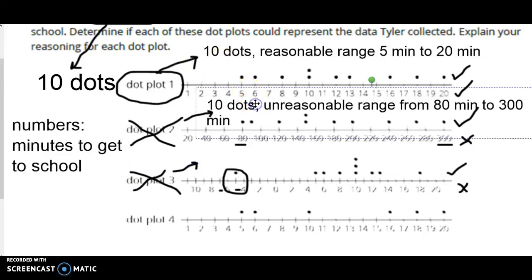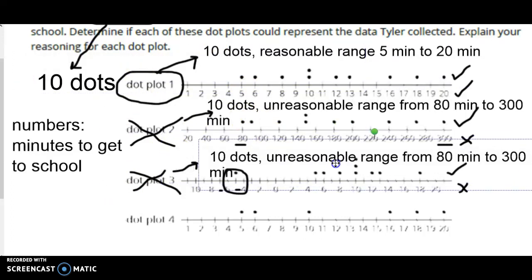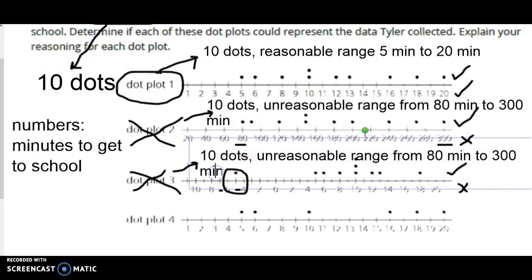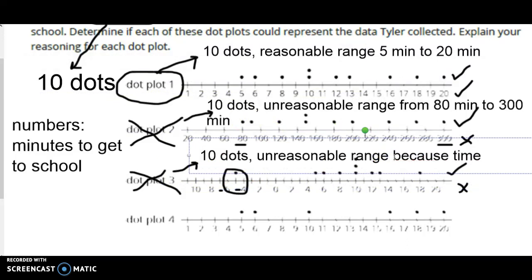So once again, we know that there's 10 dots, but there's an unreasonable range because time cannot be negative. And I have a dot that says -5 minutes, which does not make any sense.